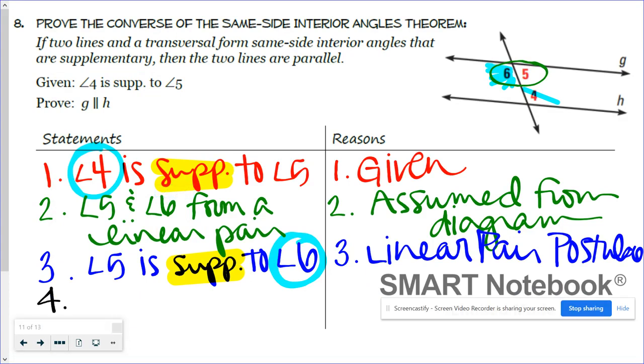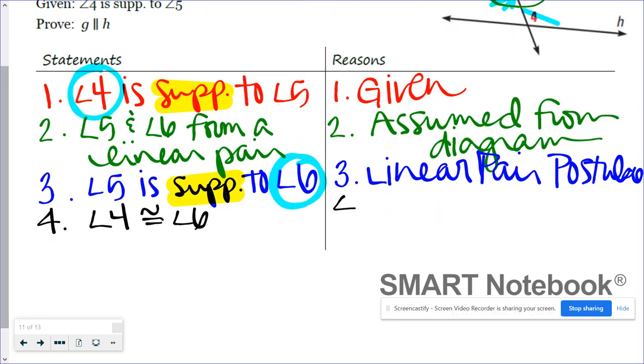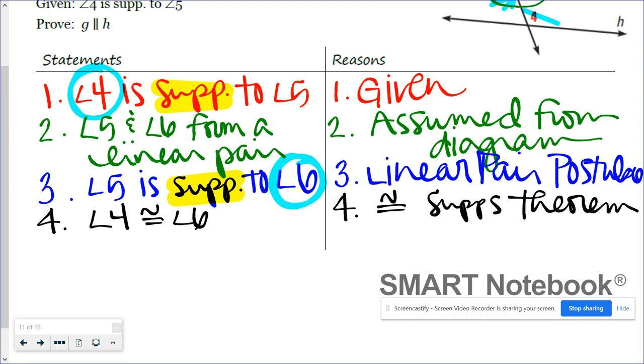So we just determined that angle 4 is congruent to angle 6 because we had that sup, right? And so that's the congruent supplements theorem. And that means the lines are parallel by the converse of the alternate interior angles theorem.